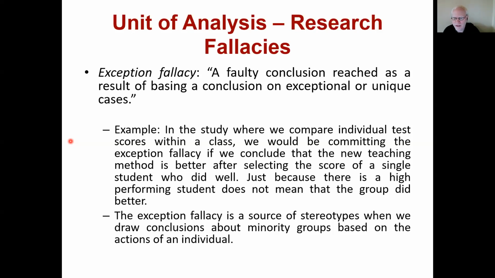So we take the behavior of one and automatically assume it's a group trait. We see a member of a minority group commit a crime, and you're like, oh, well, that means that all members of that group are criminals. Well, that's the exception fallacy. Yes, that individual is a criminal, but that doesn't mean that you can draw any conclusions about the group themselves.